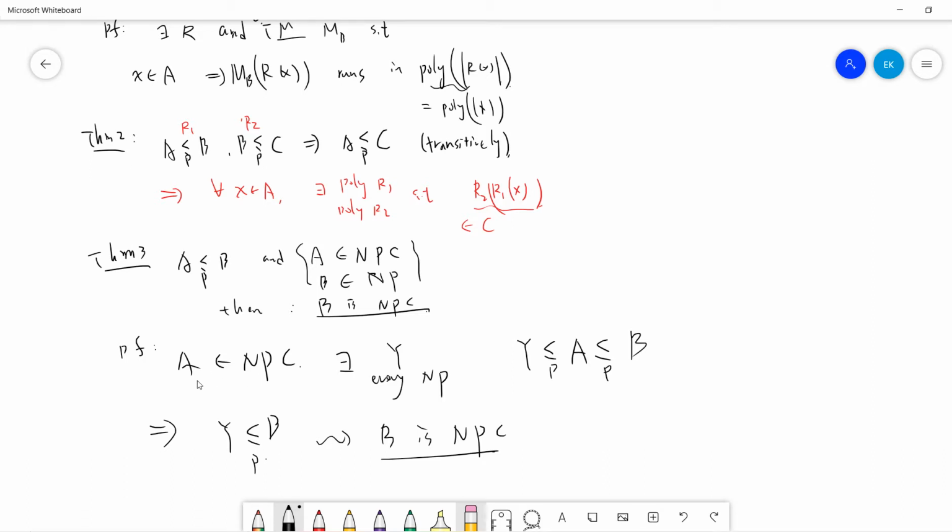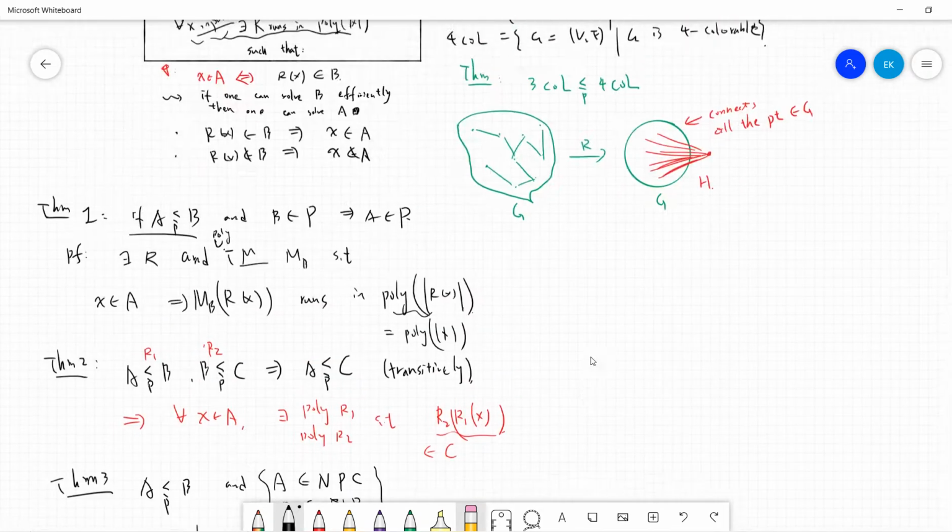The proof: if A is NP complete, that means every problem Y in NP has a polynomial reduction to A. But by definition, A has a polynomial reduction to B. From these two, we get that Y has a polynomial reduction to B. So every NP problem can be reduced in polynomial time to B, and B is also in NP, so B is NP complete.